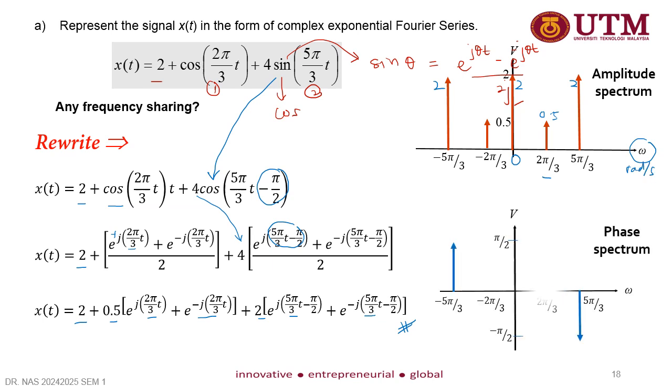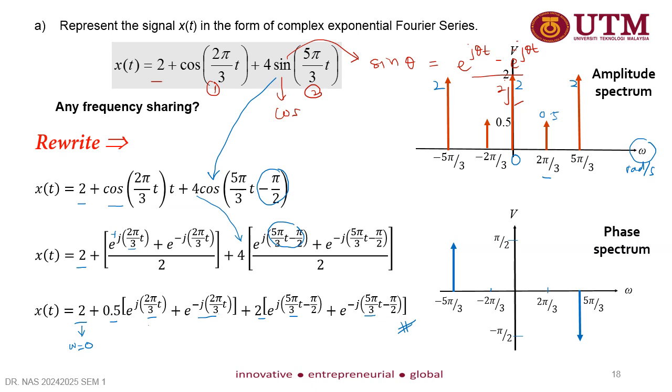Okay, next is the phase spectrum. Look at the first one, when omega equals 0, there's no phase shift, so it's 0 here. And then when omega equals positive 2 pi over 3 and negative 2 pi over 3, there's no phase shift, also 0.